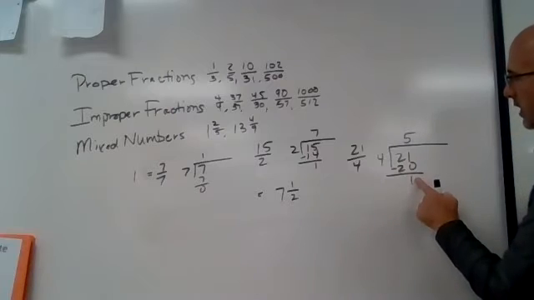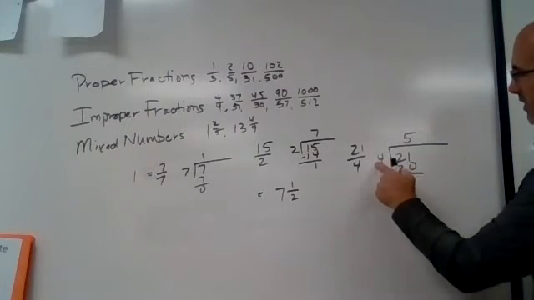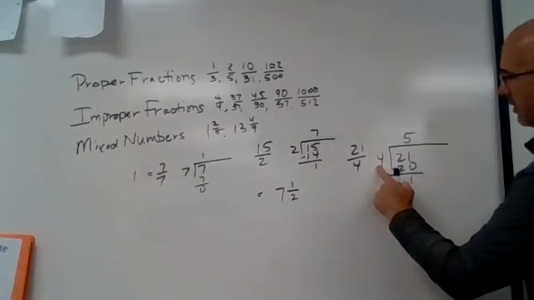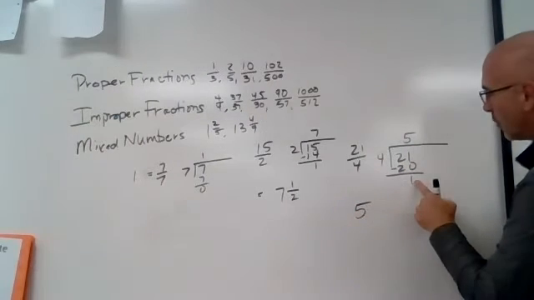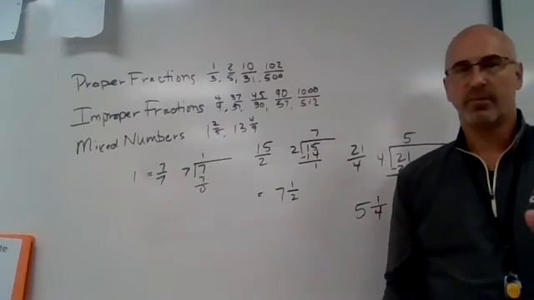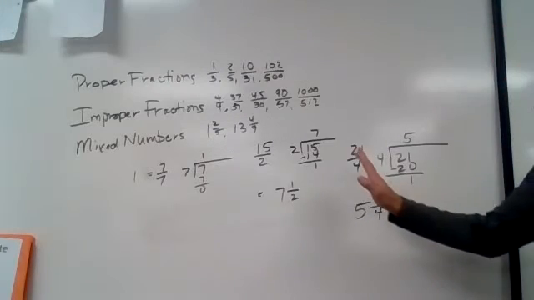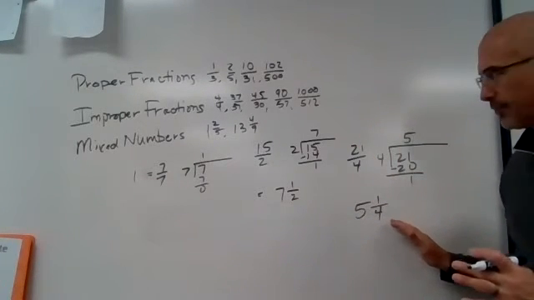When we subtract, we get a 1. So now we are done. There's no more digits, and this is less than the 4. So our whole number is 5. We put our remainder as the numerator, and we keep the same denominator. So that is how we convert an improper fraction to a mixed number.